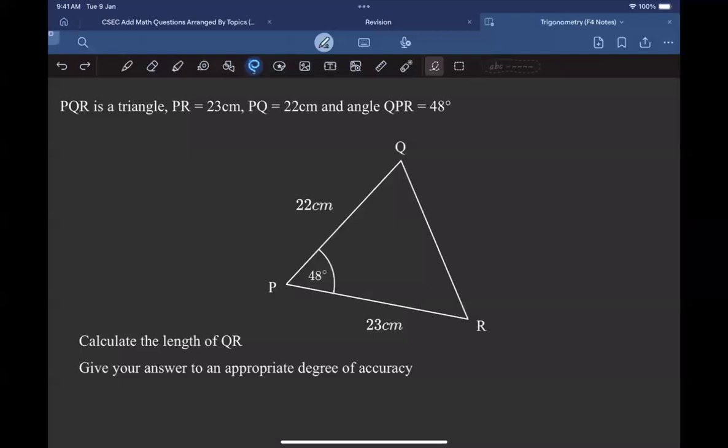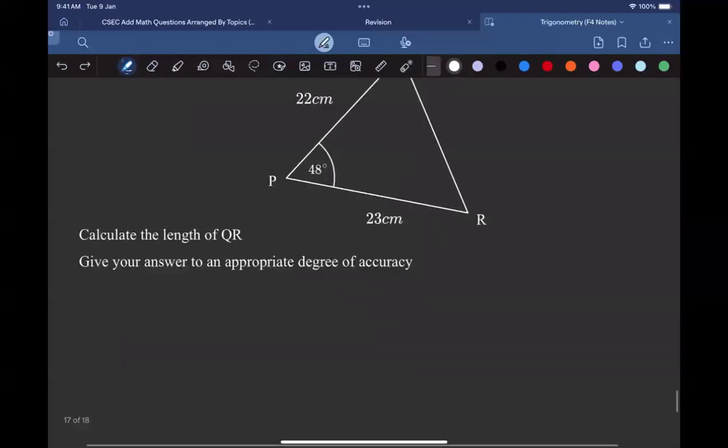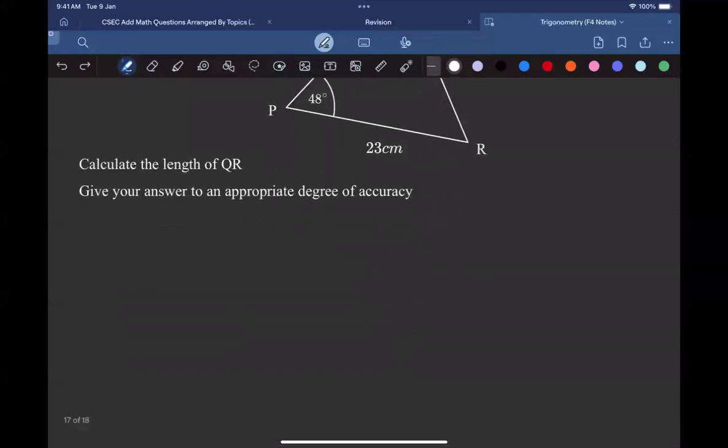Remind me, what is the cosine rule again? Included angle. No, sorry, hold on. The rule is only used when you have an included angle.